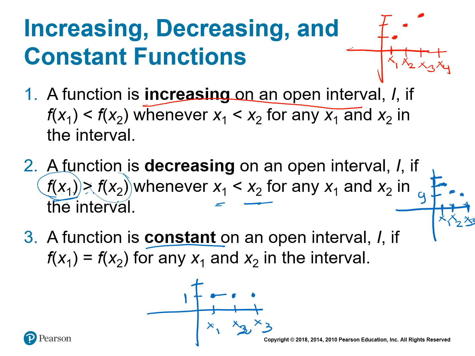So that means this is a constant function. It does not increase or decrease. All right? So now we'll go on to an example and hopefully the concept behind this will be more clear.